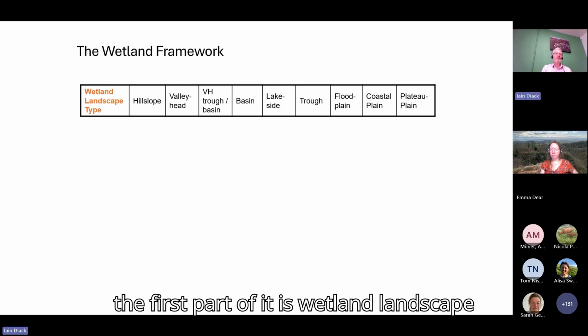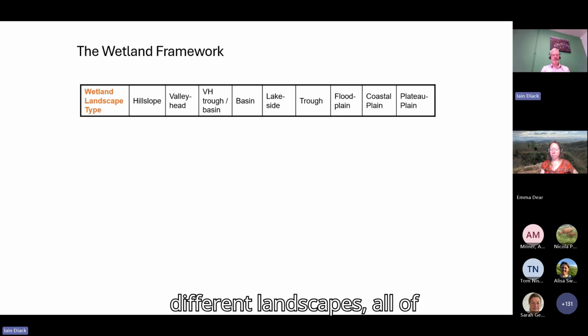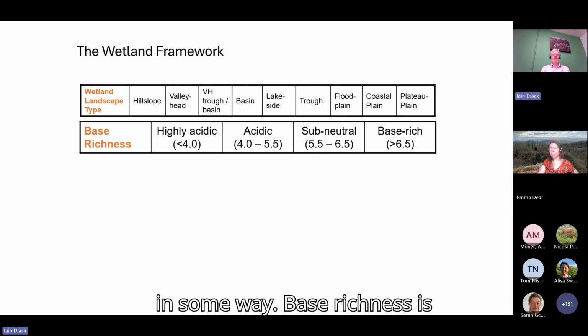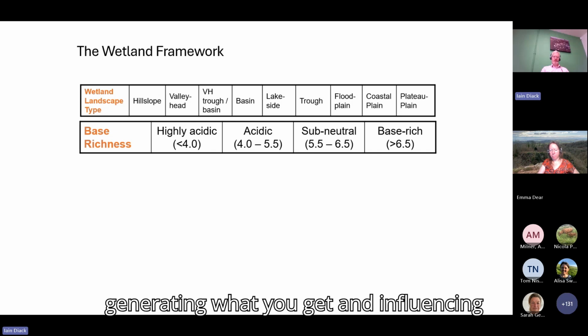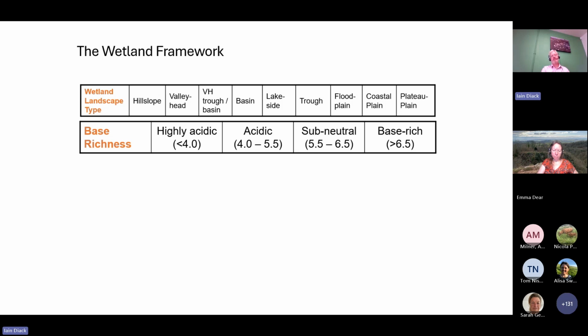So the first part of it is wetland landscape type, and they came up with these different landscapes, all of which feature wetlands in some way. Base richness is highly important in generating what you get and influencing what can grow there, but obviously dependent on geology.